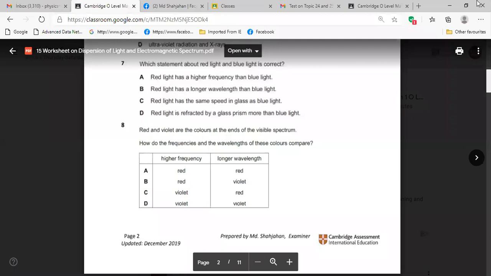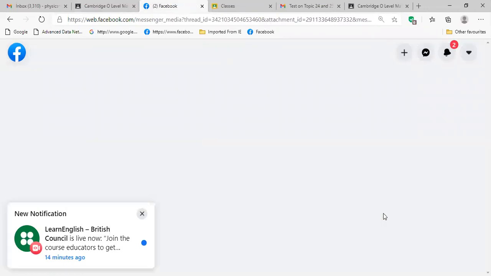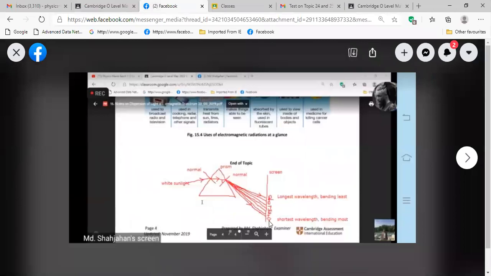So look at the group now. In the group, I just sent you the one we did before. You see these colors, VIBGYOR? Can you see it in the group? Yes, sir. You should learn it.